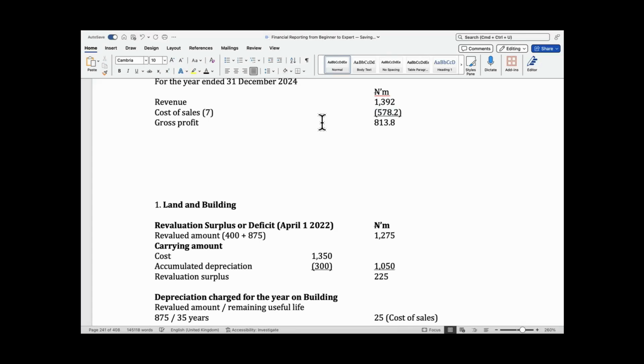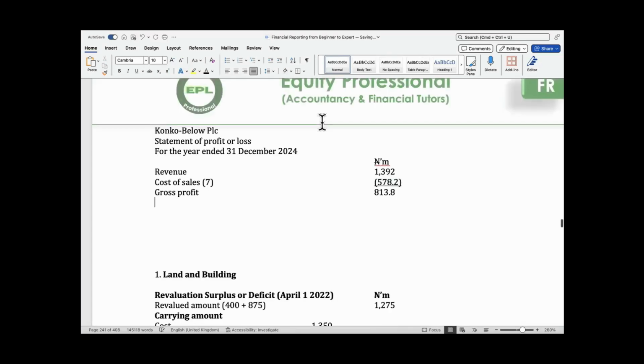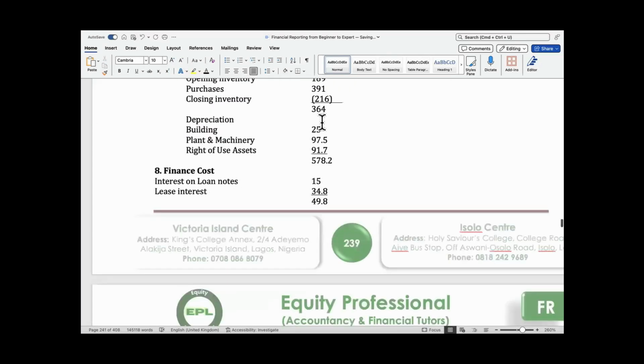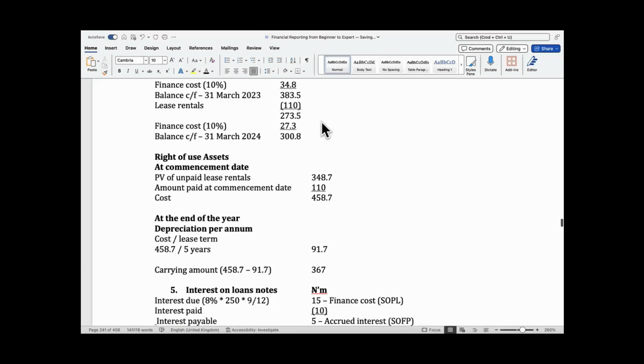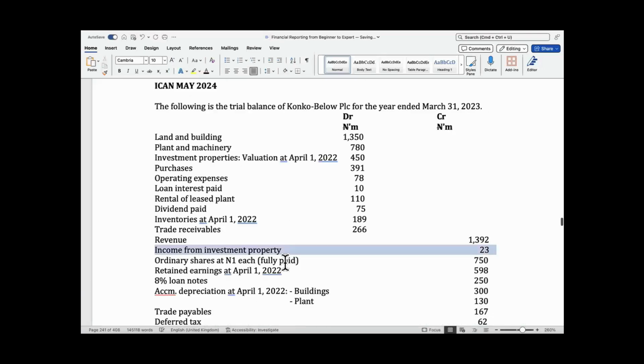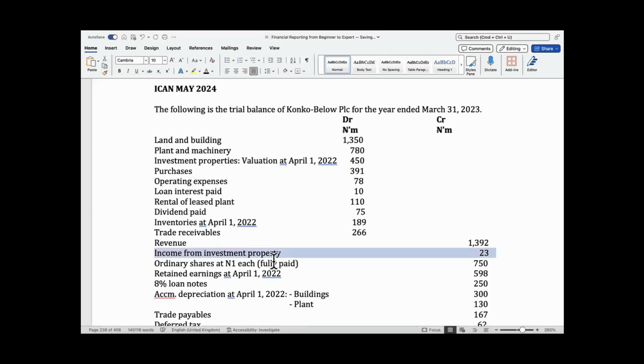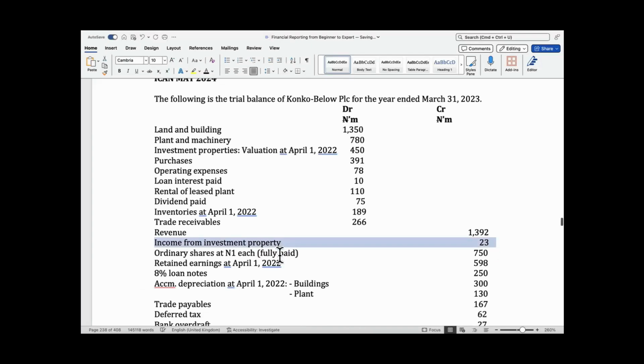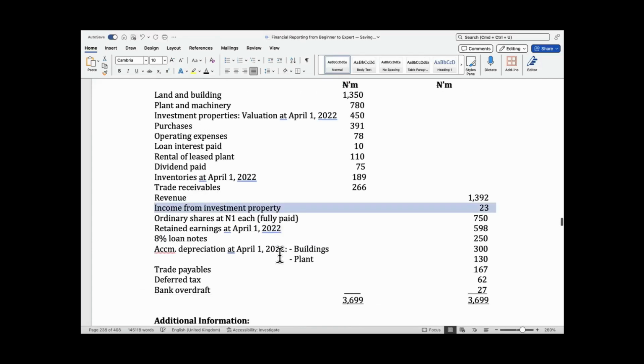Then my other income. What are the other income I have here? I saw one here. There's this income from investment property that I have here, 27. It goes into my other income.